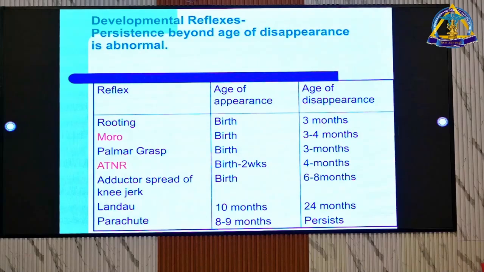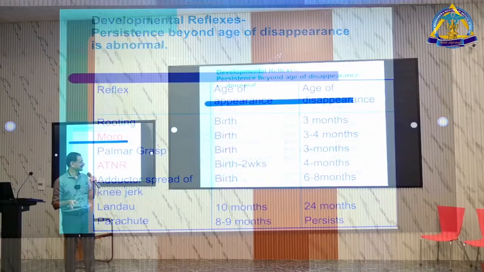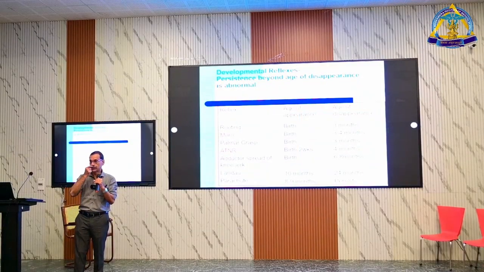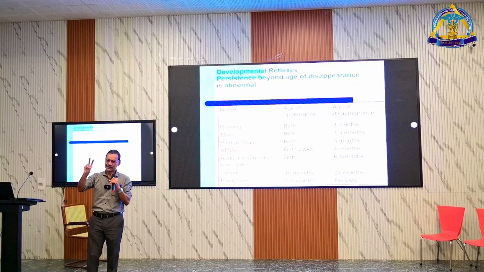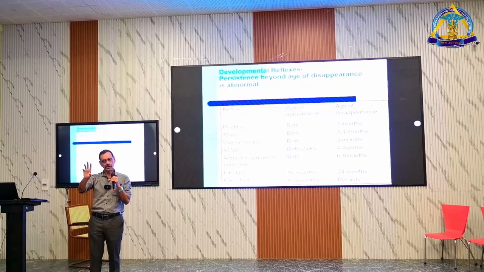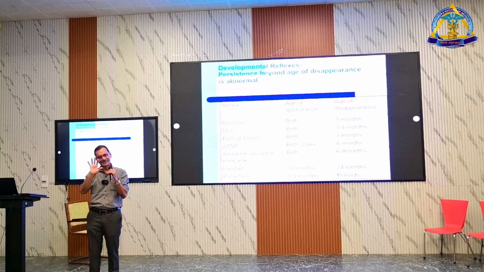So it is an automatic reflex. If it is not going, then the child will not be able to turn. So ATNR also should not be there at 4 months. You need to remember just two, Moro and ATNR. Both are abnormal at 4 months. Just remember that.